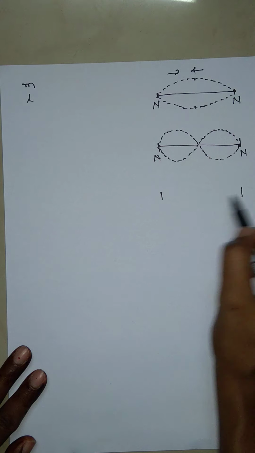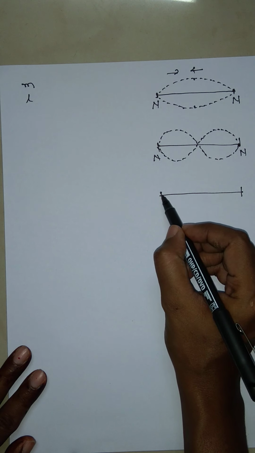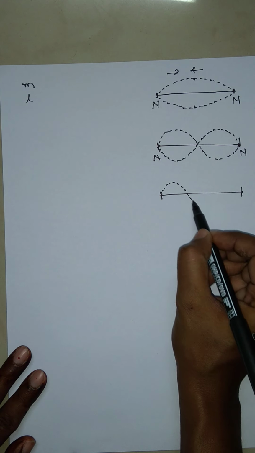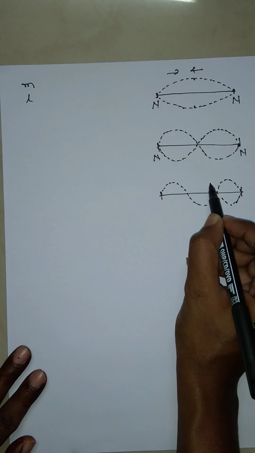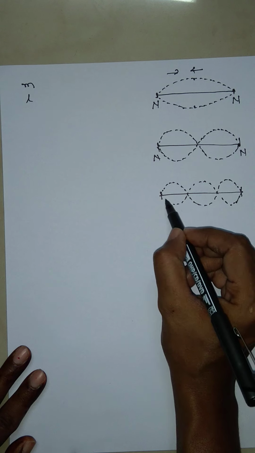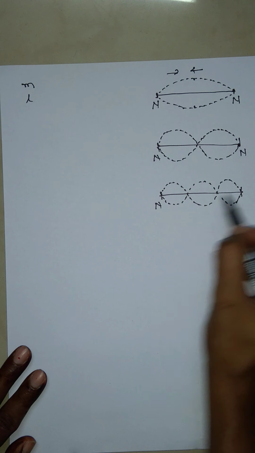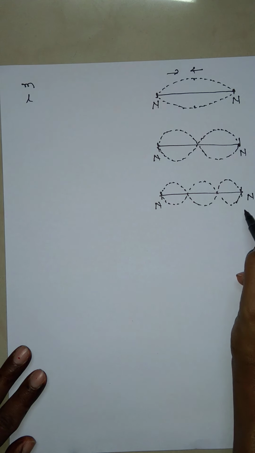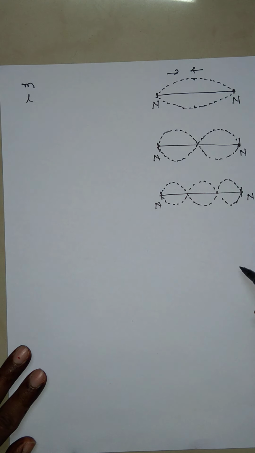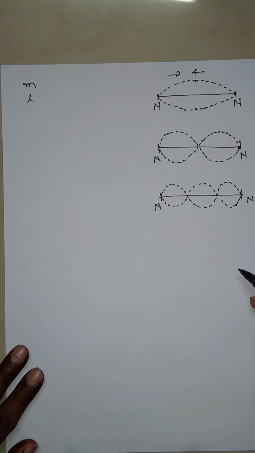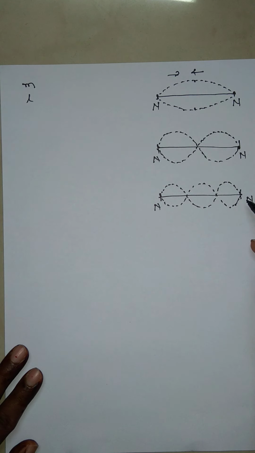It is also possible that 3 loops will be generated over the length of the string when we give some jerk to the string as a result of the formation of standing waves. And in this way, various loops will be generated in this stretched string. These are known as the modes of vibrations of a stretched string.